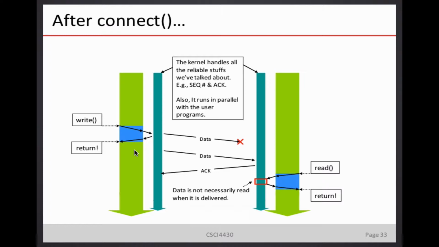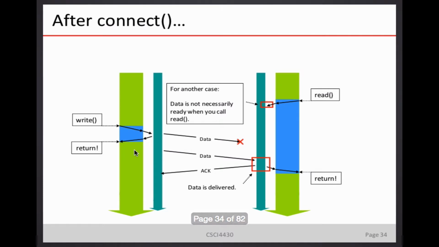Let's say you want 1,000 bytes. If the kernel side has 1,000 bytes, it will give you 1,000 bytes. If the kernel side doesn't have 1,000 bytes, it will give you the most data it has and give you the return value. Let's say there are 600 bytes and it tells you 600. Okay, so this is the why. And of course if no packet is delivered, let's say the read call is here, it waits until the data arrives, sends out the ACK and returns.